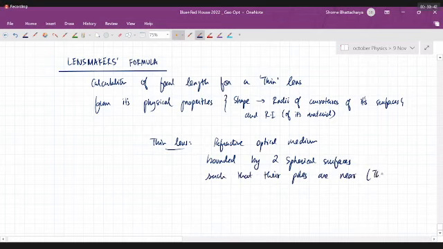That is, it's a thin lens. By near, we mean that the thickness is very small compared to the radii of the surfaces.